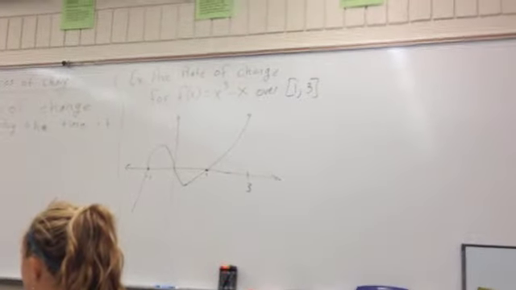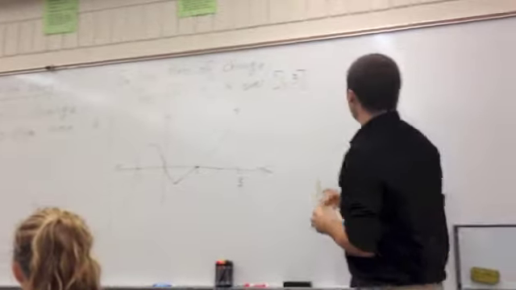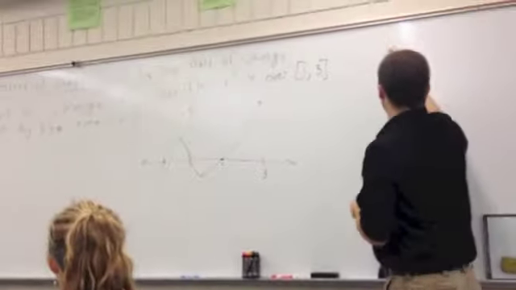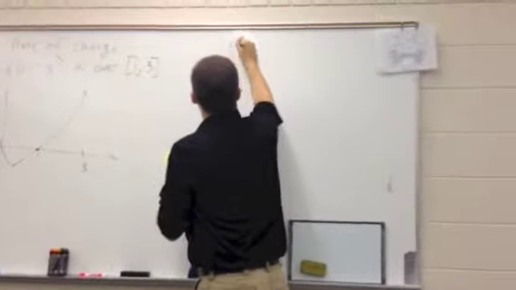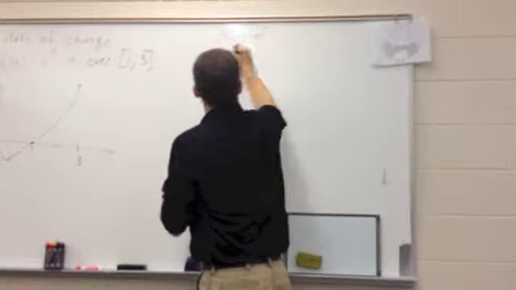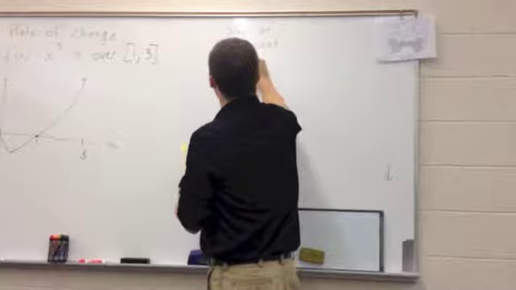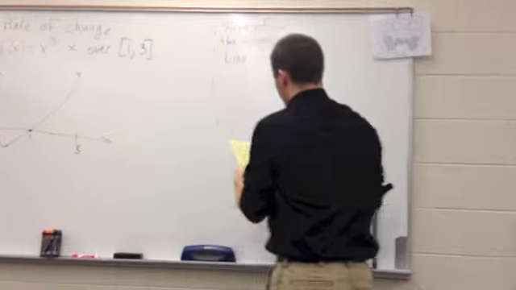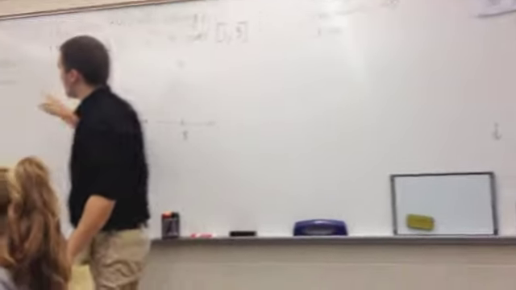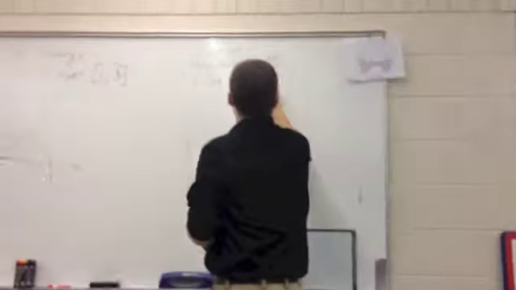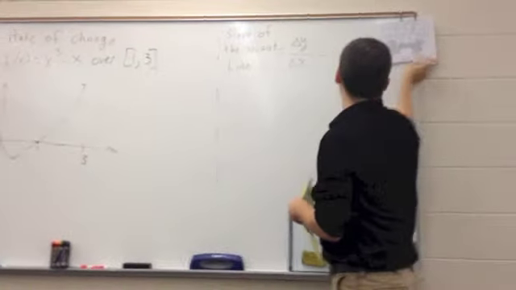It turns out the average rate of change over that interval is the slope of the secant line on the interval. Let's put a little definition over here so we can refer back to it. The slope of the secant line is equal to the change in y, remember that's the change of the function, divided by the change in x, or the time it takes to make that change.